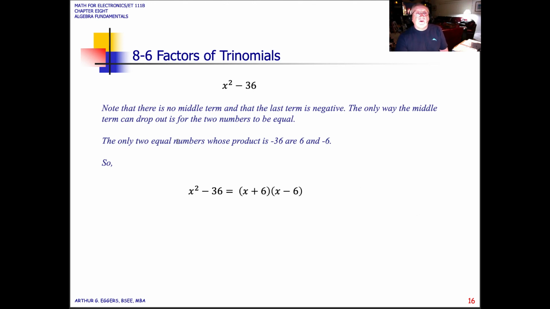The product of 6 and minus 6 is minus 36. So it immediately becomes of the form x plus m times x plus n, and we end up with a positive and a negative value for our 36, because that will give us our negative 36.